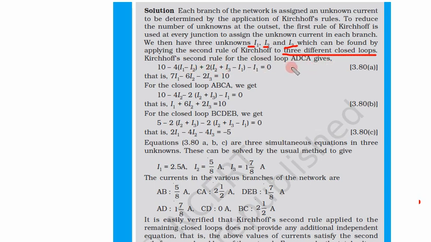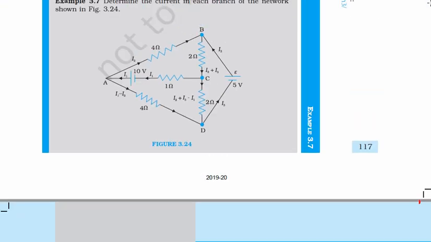So let us see what is the first loop. So first loop is ADCA. A, D, C, A. So this is the loop, this is the first loop.